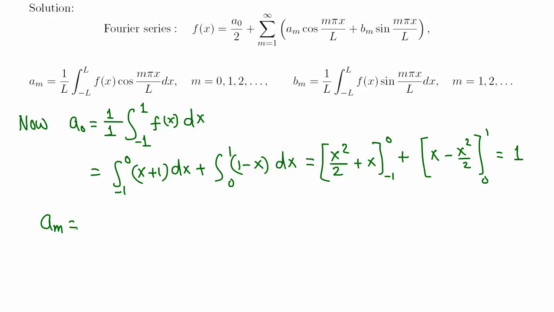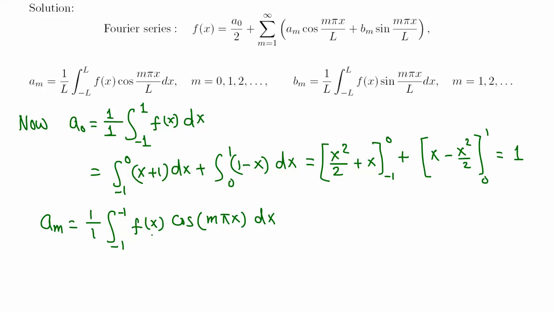for m = 1, 2, 3, 4, etc. And this is 1 over L, so 1 over 1, integral from negative 1 to 1 of the function, and cosine m pi x over 1, just m pi x dx.